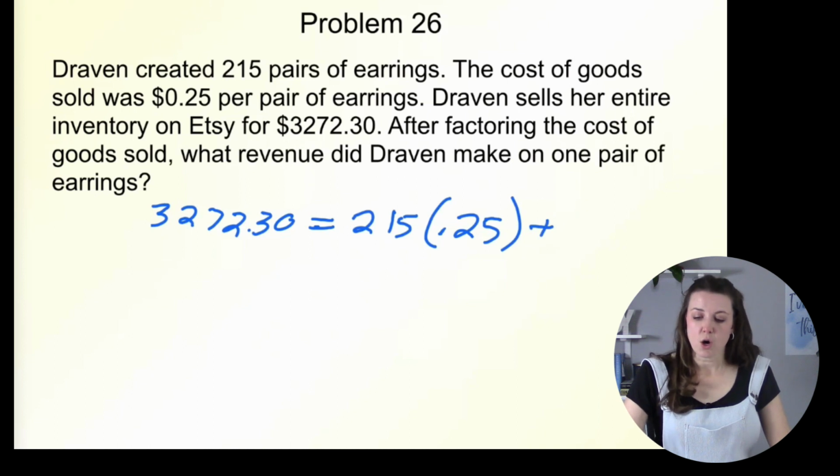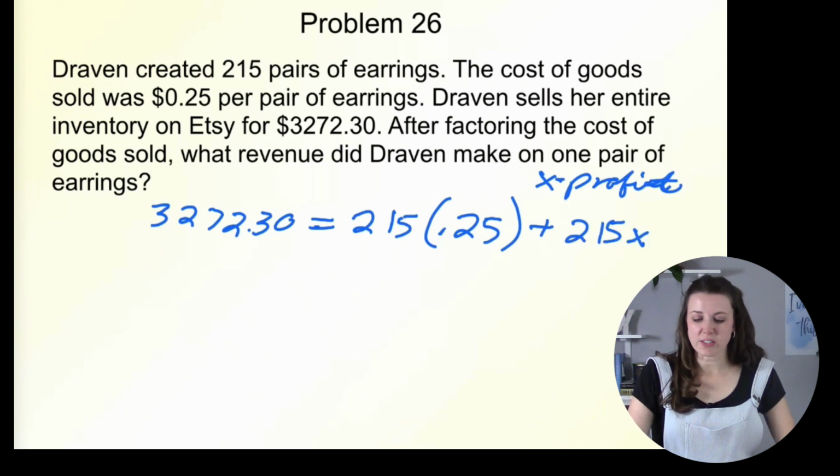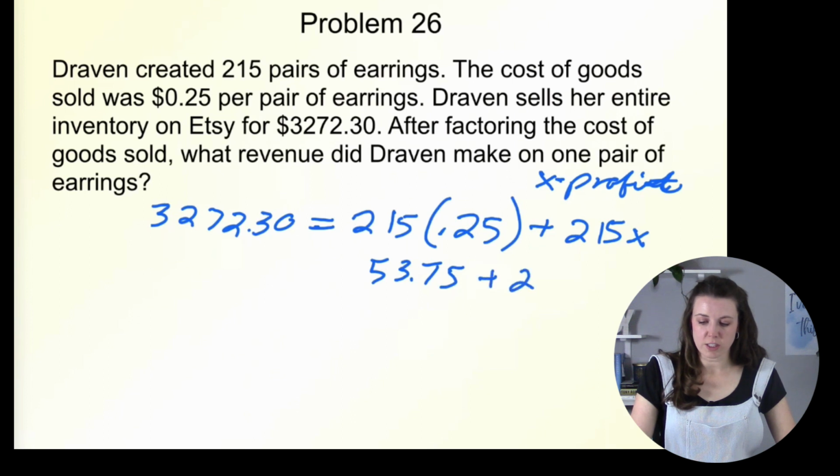So we're going to say her profit is going to be, we're just going to call it x, okay? x is the profit. Okay, so 215 times 0.25 is 53.75. So that's how much the earrings cost her to make. So we're going to just finish writing the equation out.